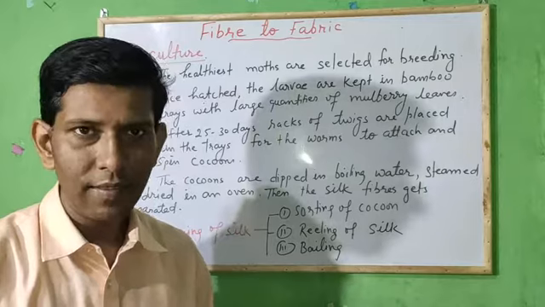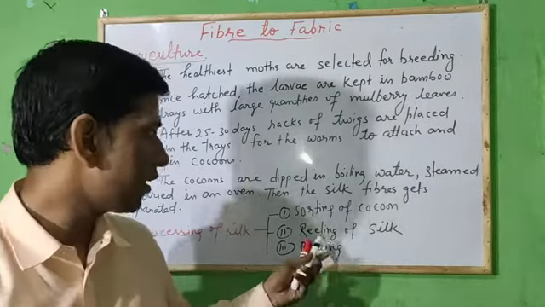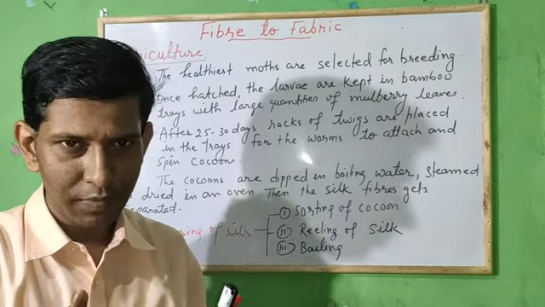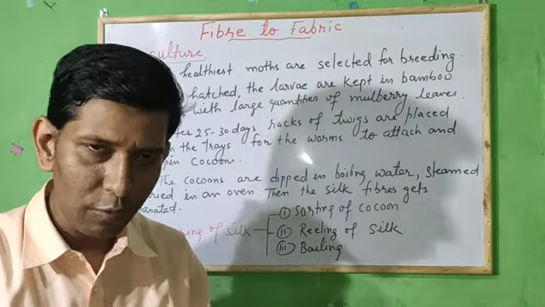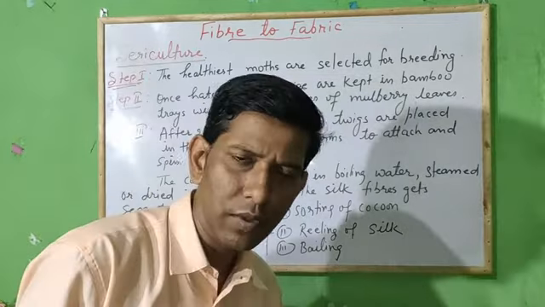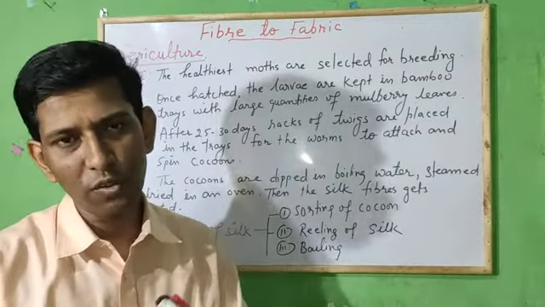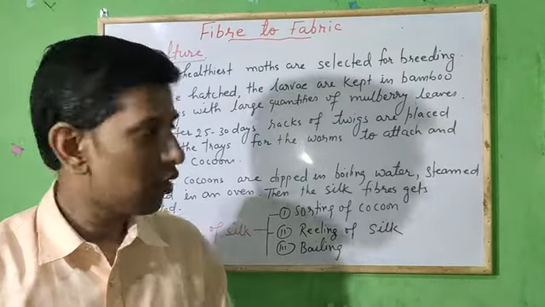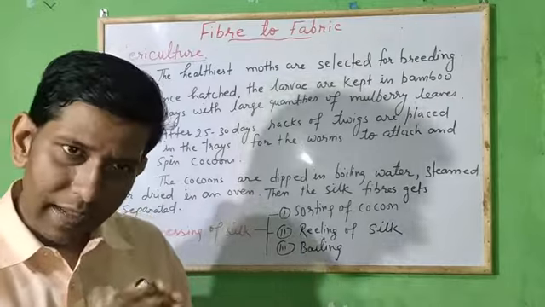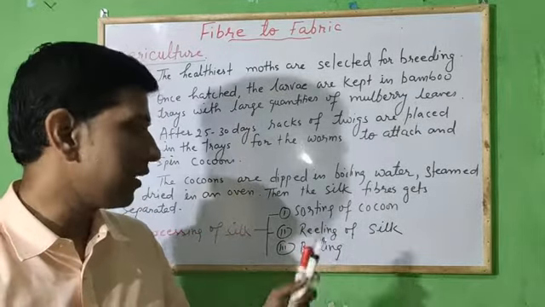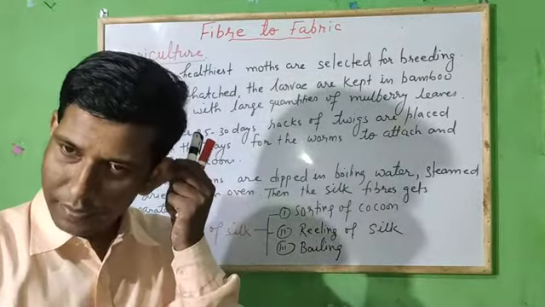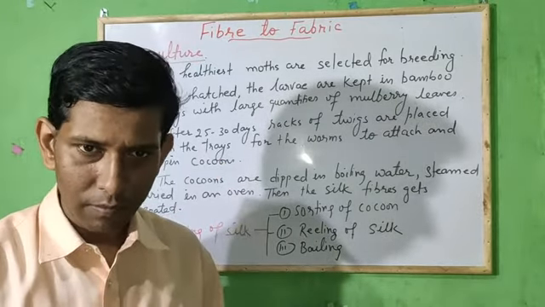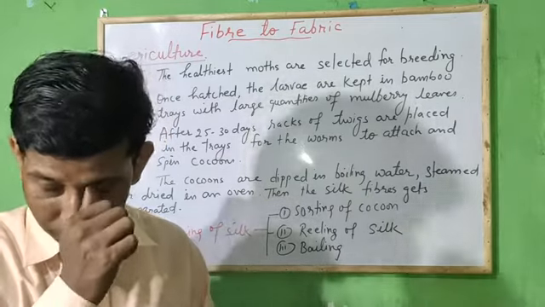During this process, the silk fiber obtained after reeling is made into small packets. Those packets are called books, weighing 4.5 to 5 kg, and then they are stored in a bigger packet, that is called a bale. Clear? And once it is in the form of a bale, it is ready to go to the silk factory for further making of silk fabric and clothes.